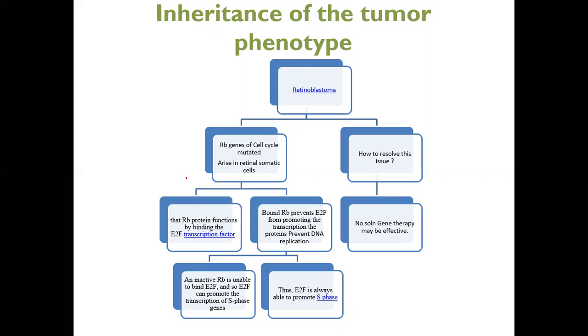The RB protein functions by binding the E2F transcription factor. Bound RB prevents E2F from promoting the transcription of proteins that promote DNA replication.